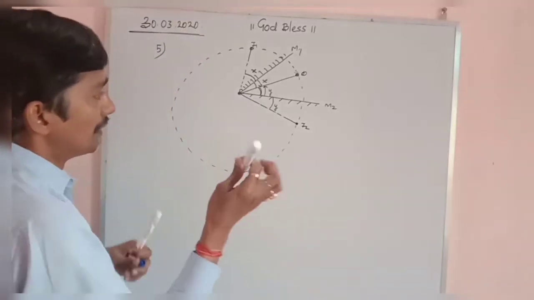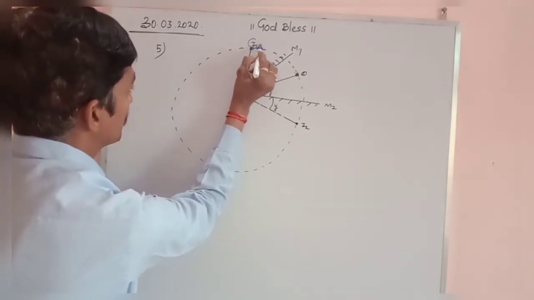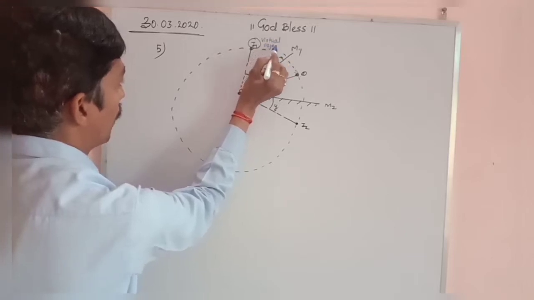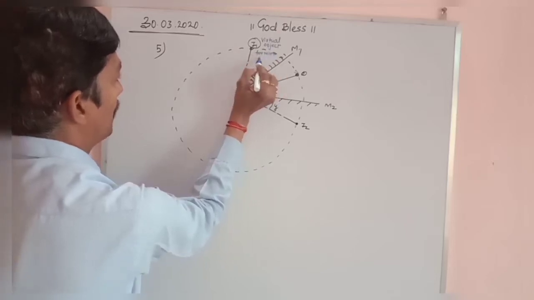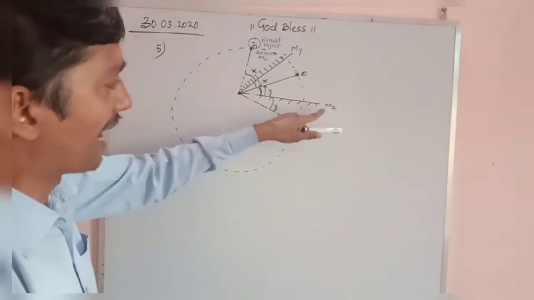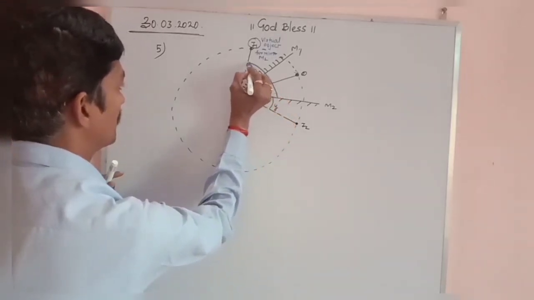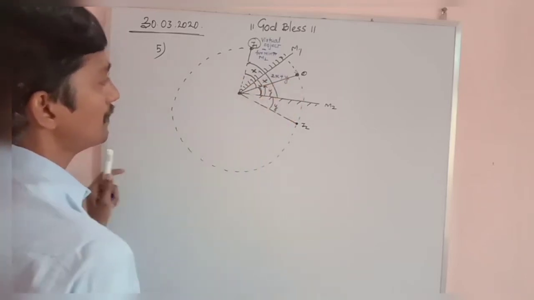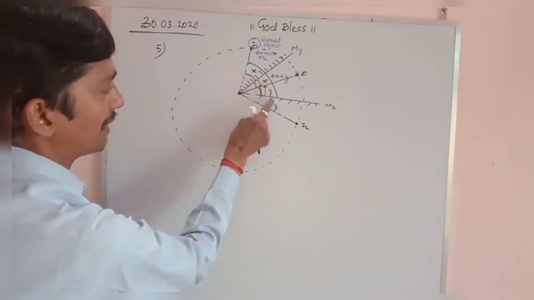Now, what is the next story? This I1 is the virtual object for mirror M2. At what angle is it from mirror M2? Look at it: 2x, that is x and x, and then y. So 2x plus y.